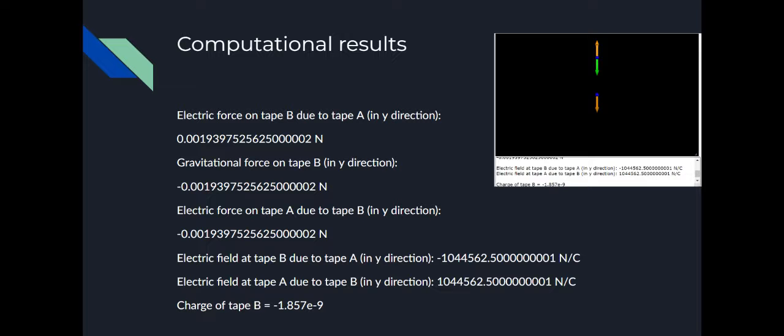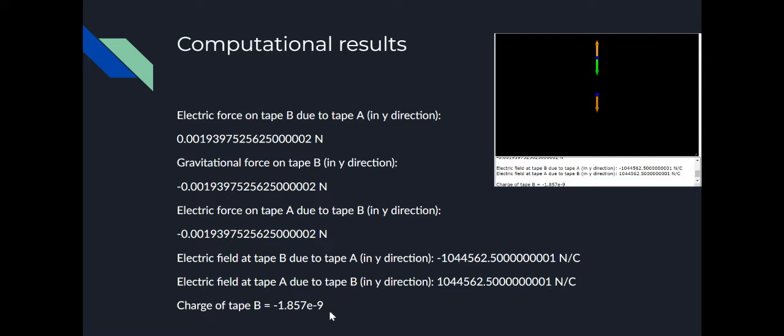I was able to tell the newtons from gravity and the newtons from electric force based on the weight of the piece of tape, and due to the opposing forces, you're able to tell the net electric force on tape A due to tape B, which is held below it, the electric field at tape B due to tape A in the y direction, and the electric field at tape A due to tape B, in which direction.